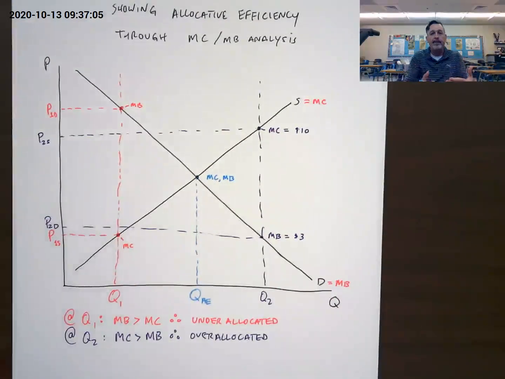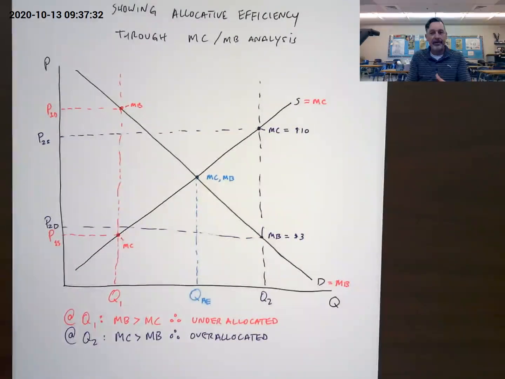Well, marginal cost and marginal benefit both exist right there. And what that means is that we are using up some of society's resources, that's our marginal cost, and we are creating some societal happiness, that's our marginal benefit. In this particular case, what we notice is that the cost of society's lost resources is exactly equal to societal benefit.